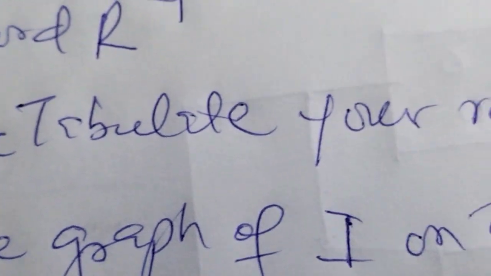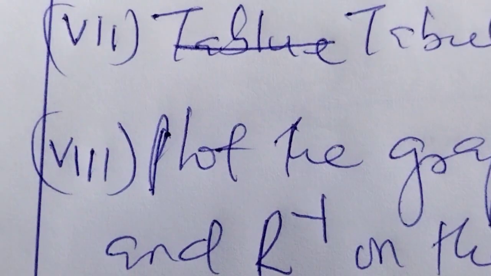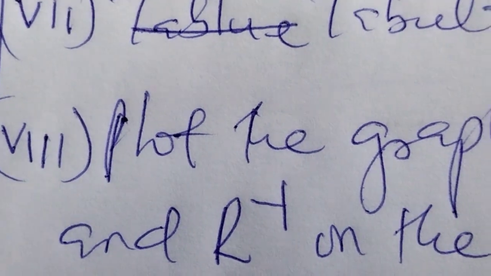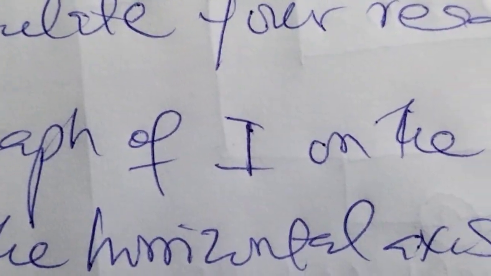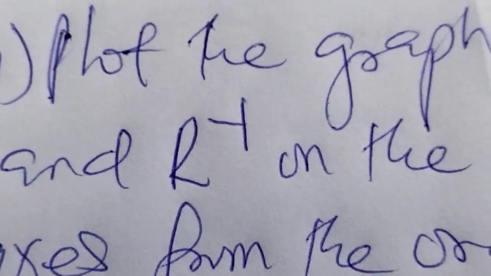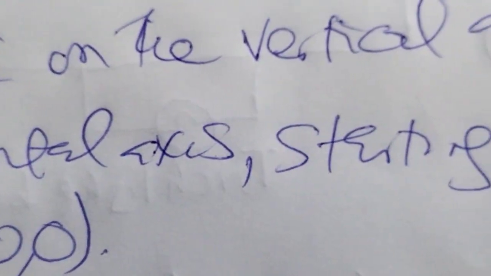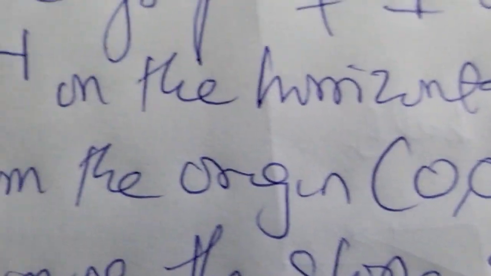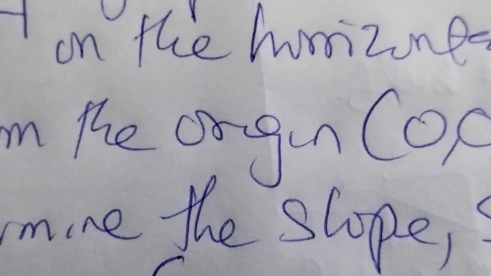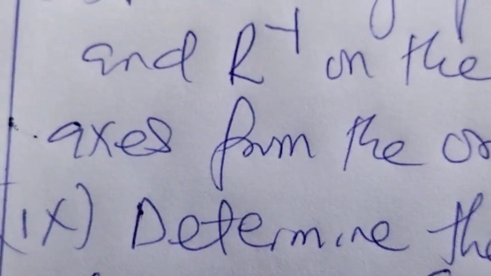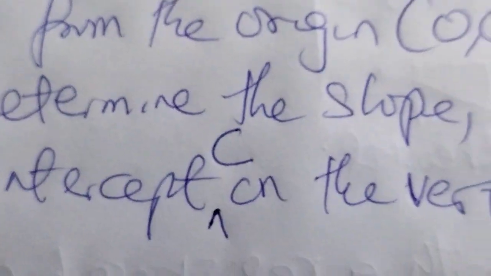VII, tabulate your readings. Then VIII, plot the graph of I, that is current, on the vertical axis, and R inverse on the horizontal axis, starting both axes from the origin, 0, 0.